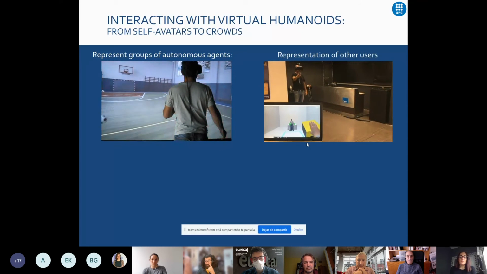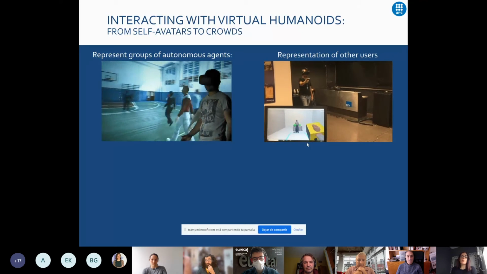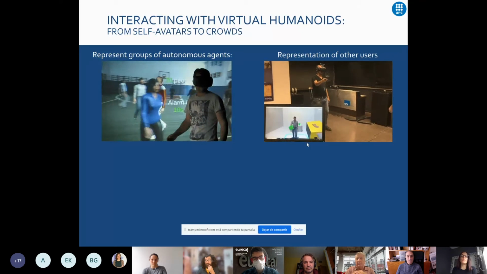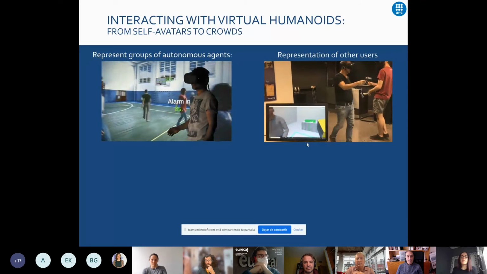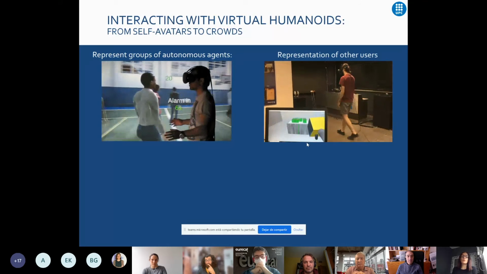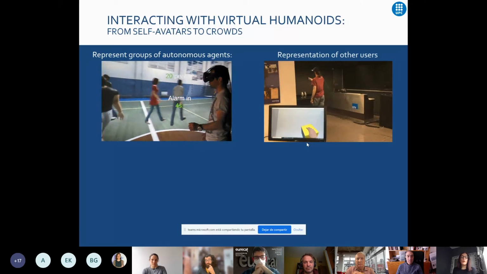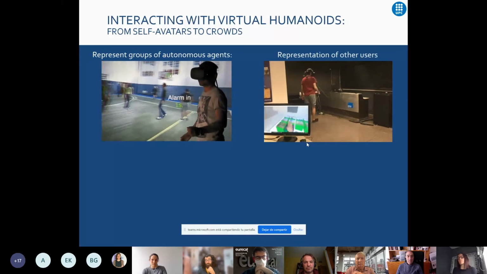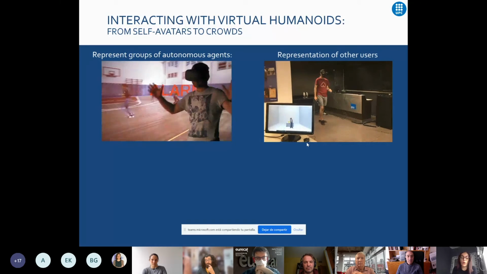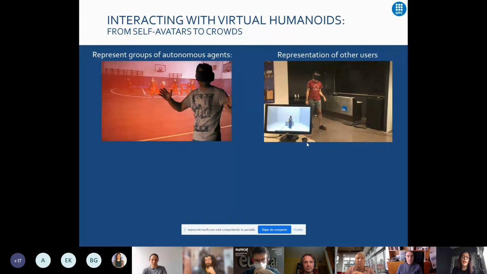We are also using virtual avatars to represent other people in collaborative virtual reality. When we are interacting with others in collaborative VR, we can study how we behave and how we move around others, to try to make these experiences as similar as possible to how we would collaborate in the real world.